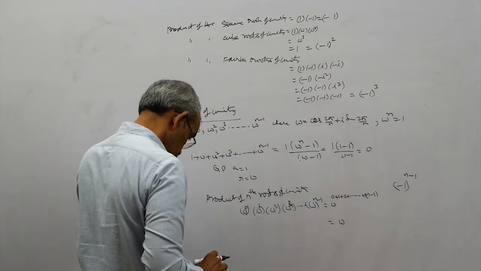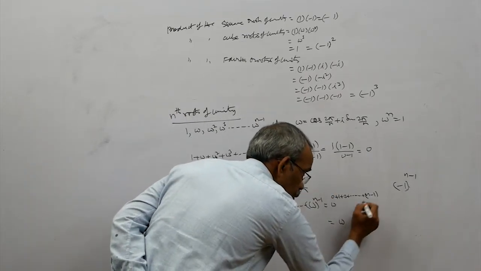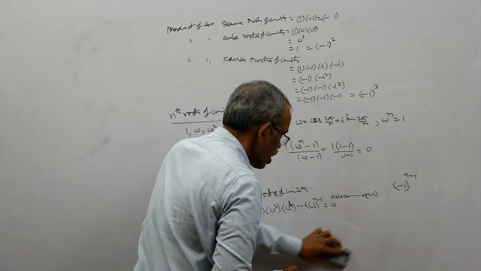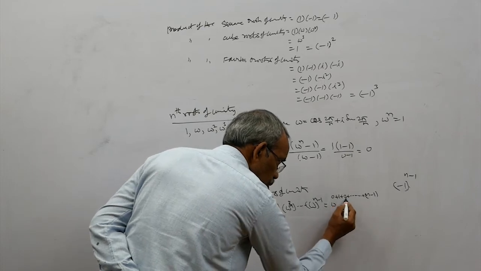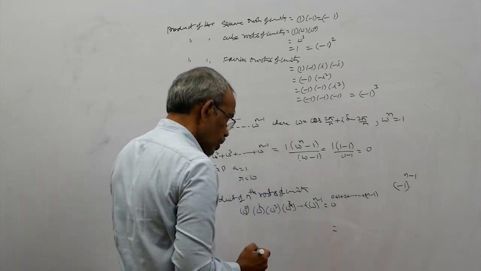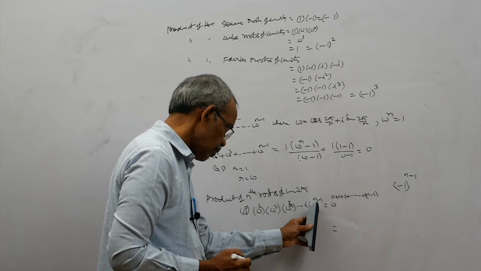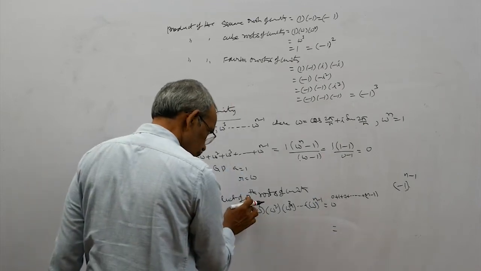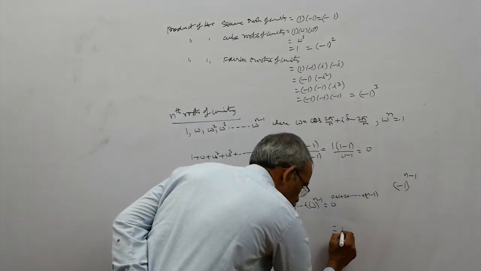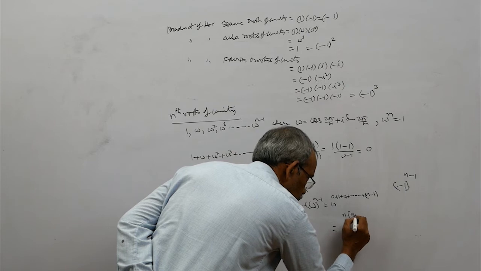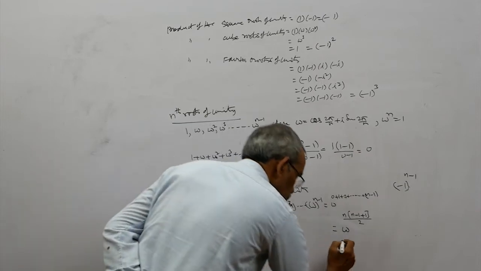Here we have n terms. The sum of n terms is n into n plus 1 by 2. Here the exponents are 0 plus 1 plus 2 plus up to n minus 1. So we have omega power 0 into omega power 1 into omega square into omega cube up to omega power n minus 1. What terms do we have here? We have n terms, that is 0 plus 1 plus 2 up to n minus 1.